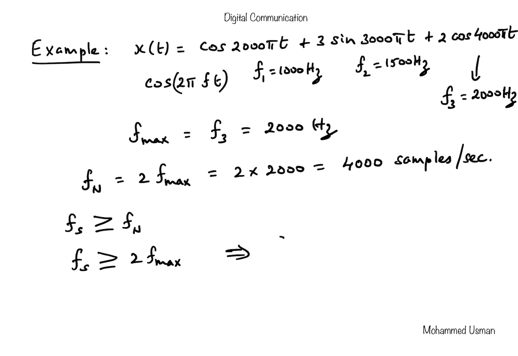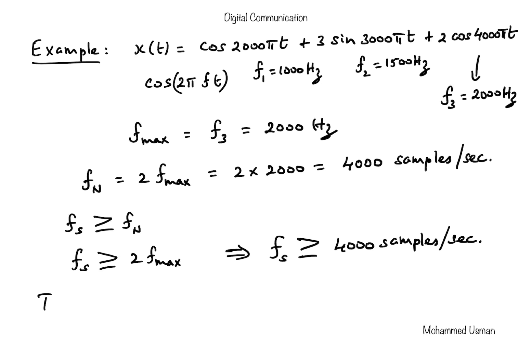So that implies that the sampling frequency fs in this particular example should be at least 4000 samples per second. If this condition is violated, then a kind of distortion occurs, which is called aliasing.